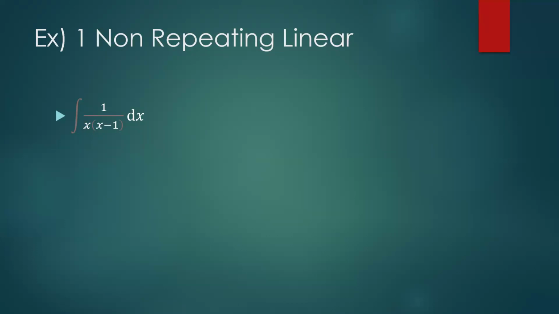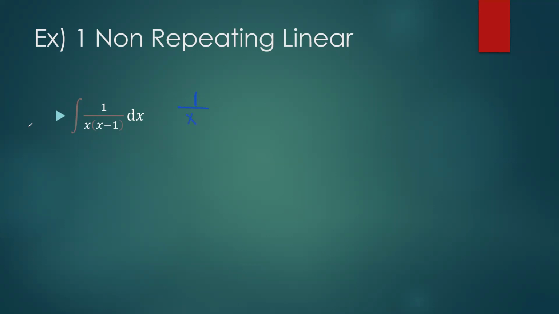Yeah, let's decompose this first. So you have 1 over x times x minus 1. I don't know if you can see this. I don't like this color.